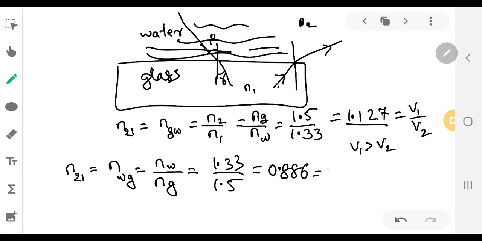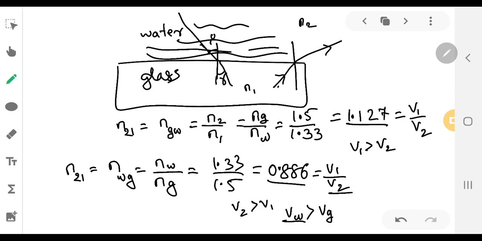So this in turn will be equal to V2 by V1. When the ratio is less than 1, when the denominator is greater, V2 is greater than V1. So V2 is nothing but our Vw is greater than Vg. So here also we are getting the velocity of light in water medium is greater than that of the glass medium.